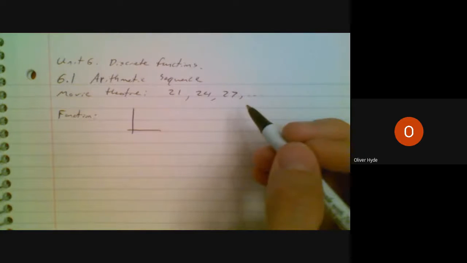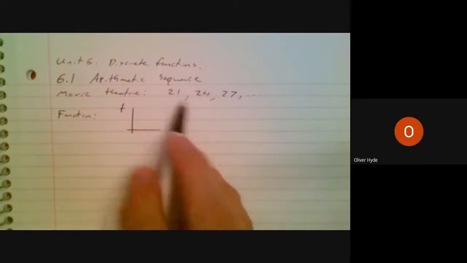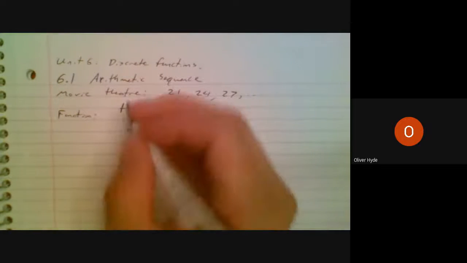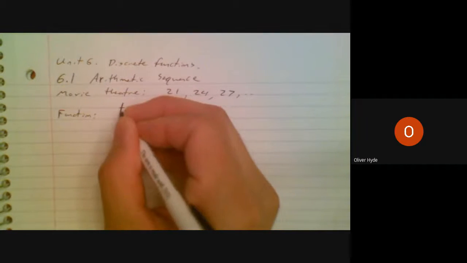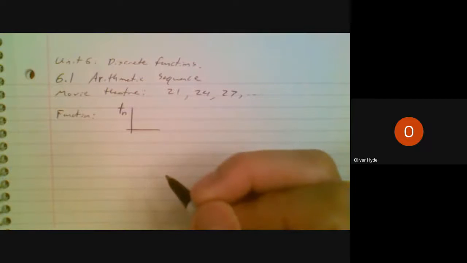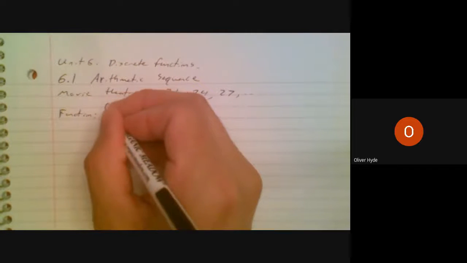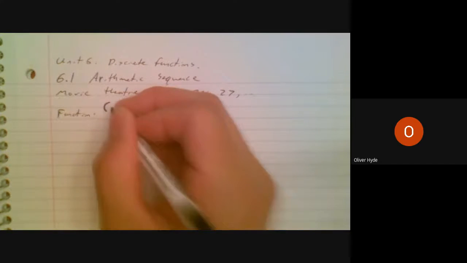So maybe we would use S. In this unit, we'll be referring to these as terms of a sequence. And I'm not that consistent about using uppercase T or lowercase t. Let me just use C for number of chairs. Trust me on this one.